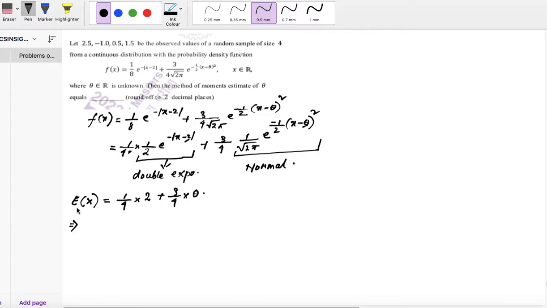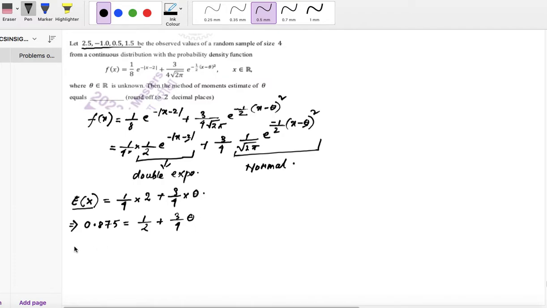Now we calculate the expectation of x with the help of the sample, and we get approximately expectation of x equal to 0.875, and this equals 1 by 2 plus 3 by 4 theta.